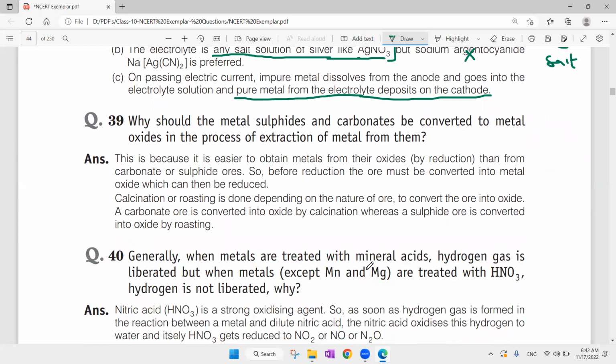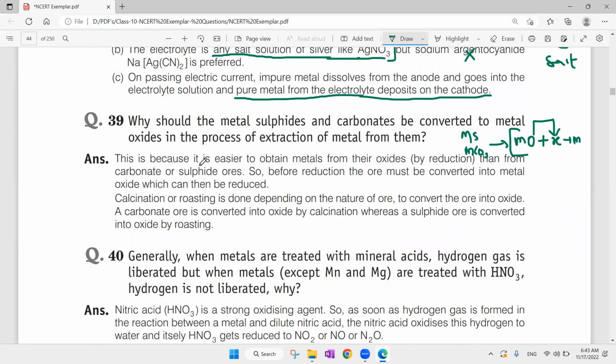Question 39: Why should metal sulfides and carbonates be converted to metal oxides in the process of extraction of metals from them? Metal sulfides and metal carbonates are converted into metal oxides because it is easy to reduce. Again, the metal oxide can be reduced by using some element X, so that oxygen can be removed and added to X, and we can extract only the metal.